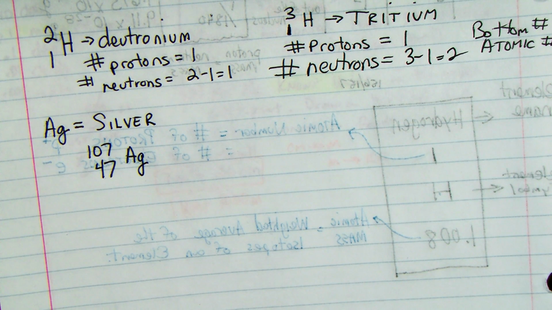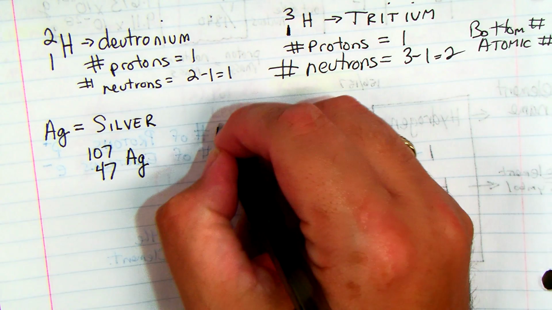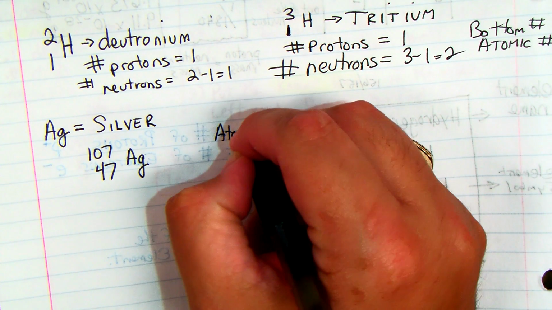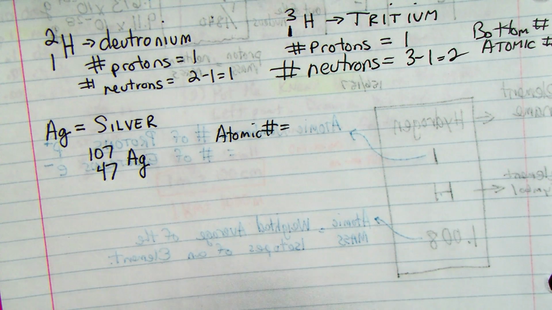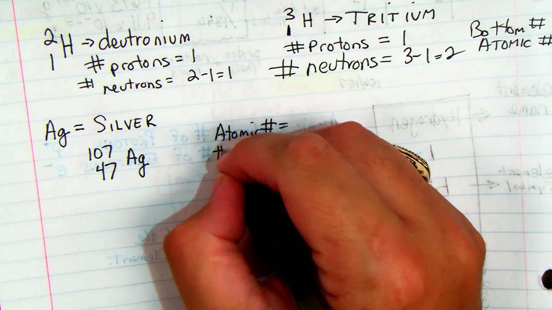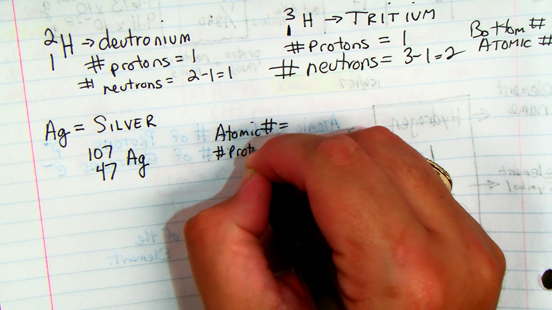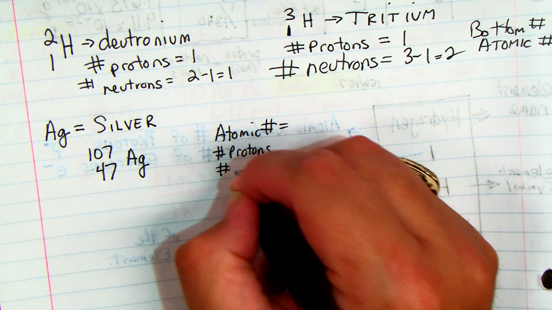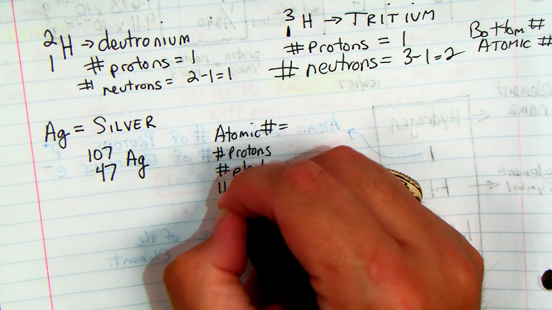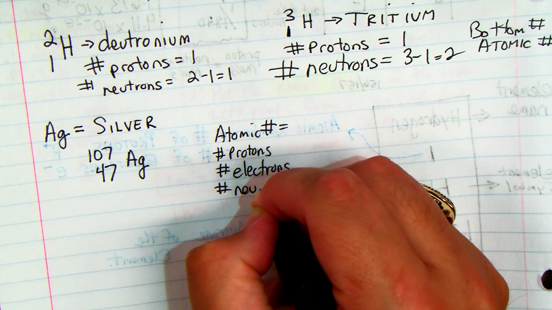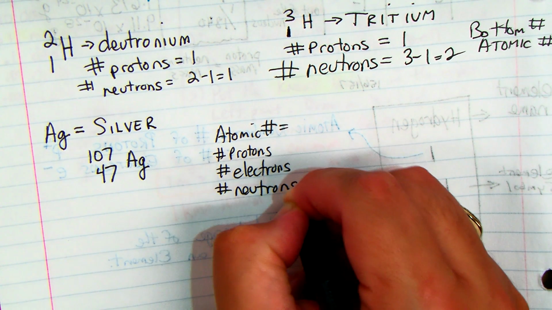Now, when you look at this and see this, I need you to be able to tell me what the atomic number is. Don't yell it out. Don't say anything yet. I need number of protons, number of electrons, and the number of neutrons.